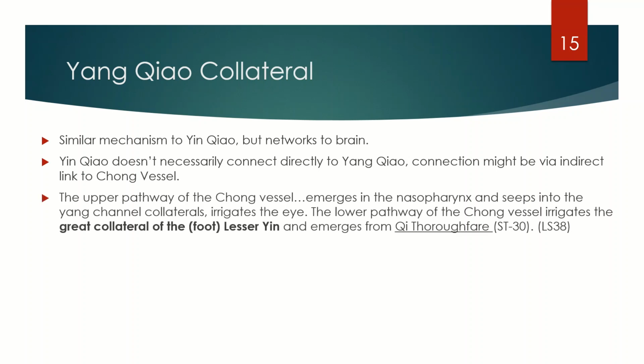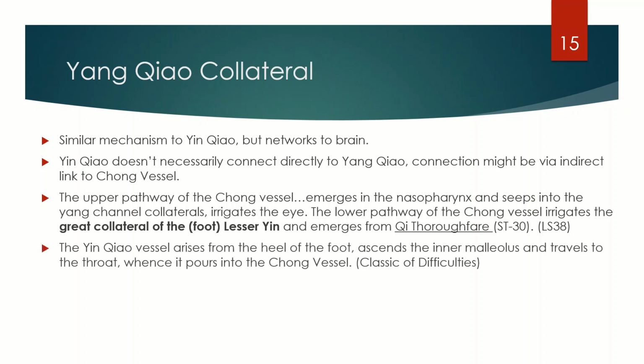But in any case, as I said, this passage talking about the upper pathway of the Chong Vessel and the lower pathway, they both seem to be very much tied explicitly to Qiao vessel circulation and function. So it's very compelling, but obviously there's no smoking gun.